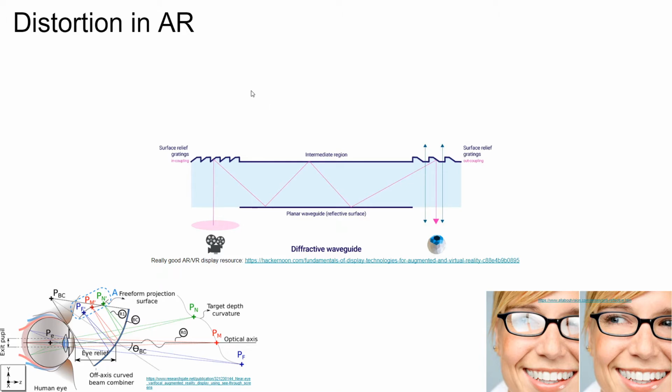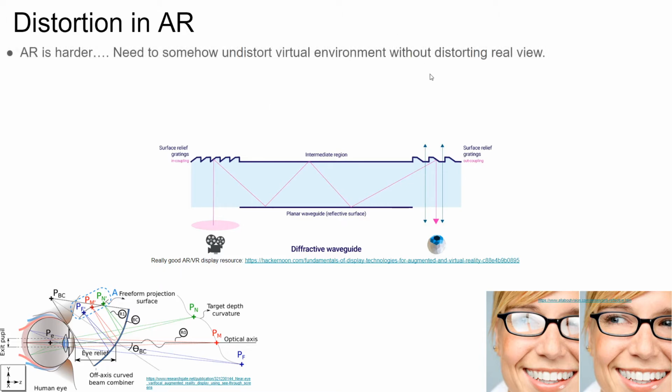Anyway, in AR, distortion is a little bit harder to deal with, especially Fresnel distortion, because we need to design the lenses such that we undistort the virtual environment specifically without distorting the real world view. If you wear glasses, you've probably had people ask to try on your glasses and realize how screwed up your vision is.